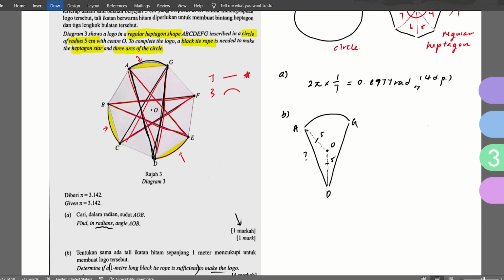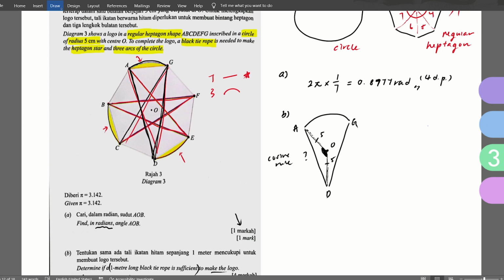And these two radii cover this angle here, and this angle is useful to find the length AD using the cosine rule. The reason is that this angle is covered by these two radii, AO and OD.